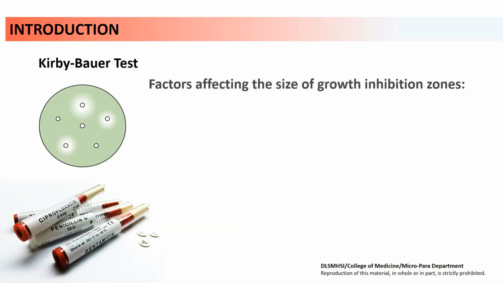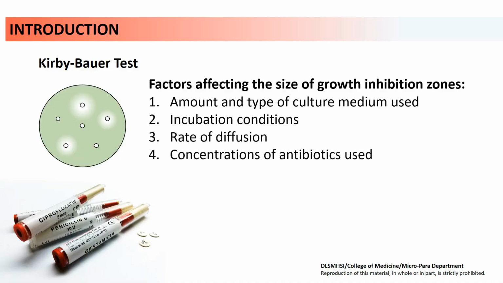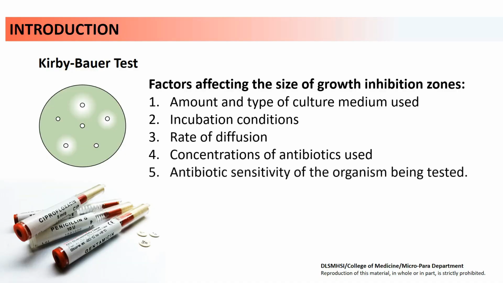The size of growth inhibition zones can be affected by several factors, including the amount and type of culture medium used, incubation conditions, rate of diffusion, concentrations of antibiotics used, and antibiotic sensitivity of the organism being tested.